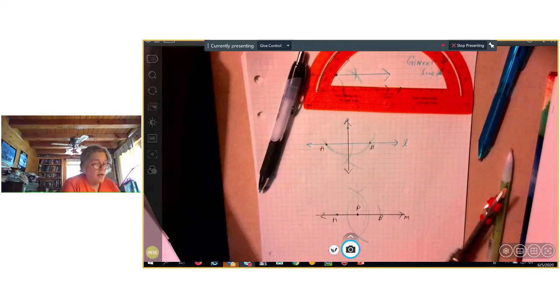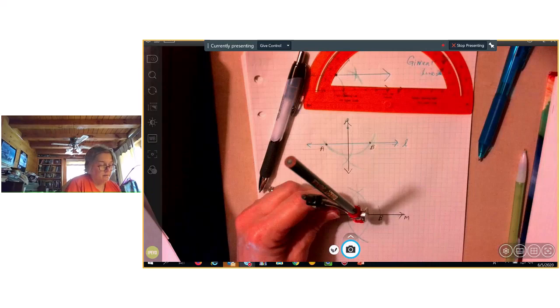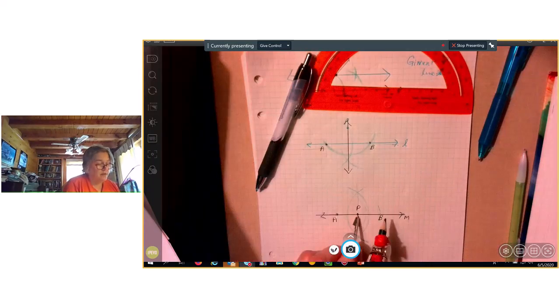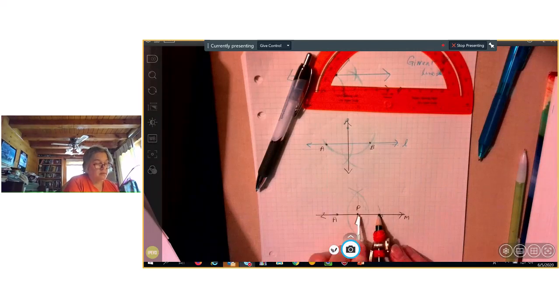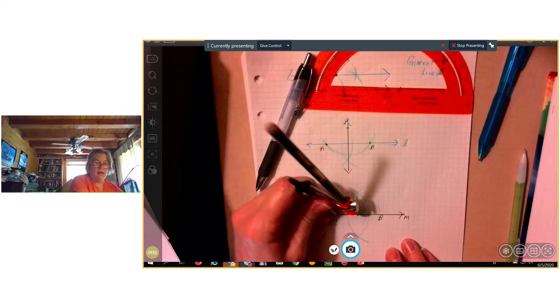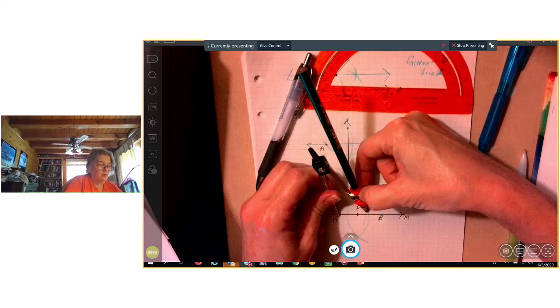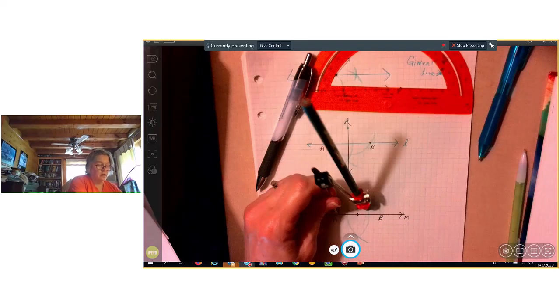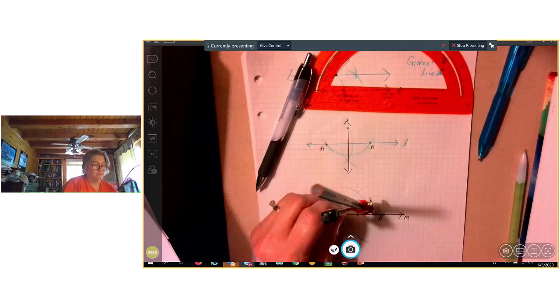So I first picked a point on the line. This was my given point P. I picked another point on the left side of P, and I drew another point at the same distance on the right side of P. And then I went back to A, and I stretched out my compass a little bit and made it larger. I wanted this distance to be longer than P, and I drew an arc.